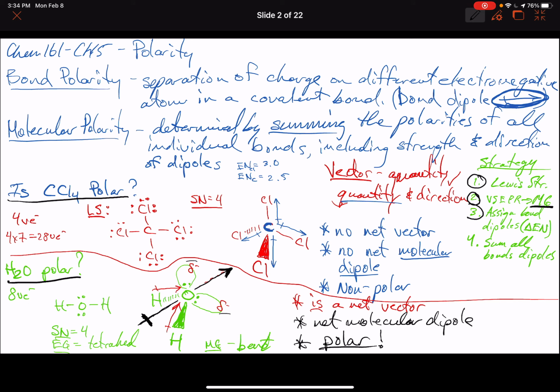Then assign bond dipoles based on electronegativity values for the bonds in question. And then apply a summing exercise where you respect both the quantity and the direction of those bonds in order to determine if there's a net vector. If you can draw a net molecular dipole, then you know you can answer the question as polar.